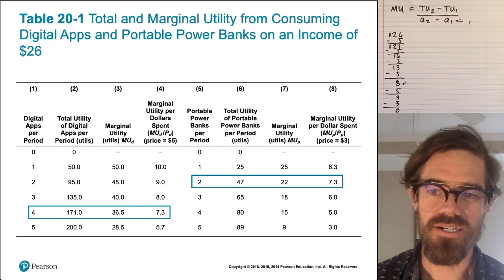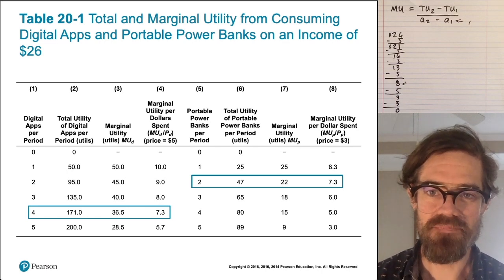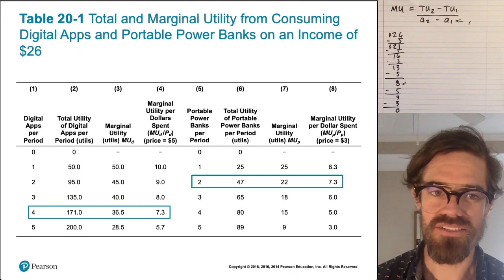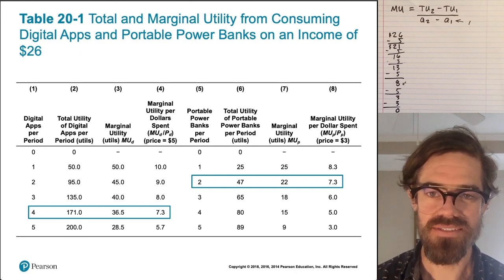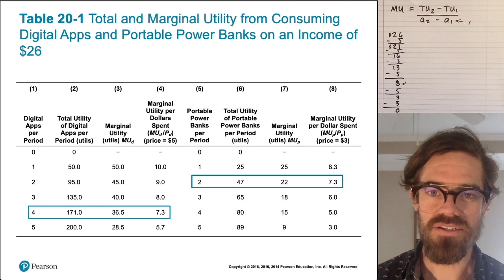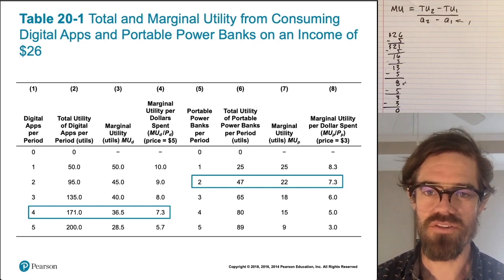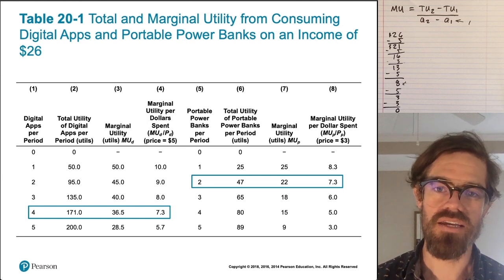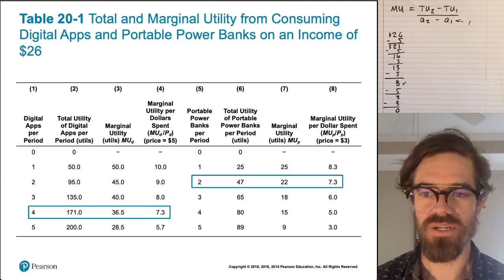Now, I should point out here, nobody does this. Nobody does this in real life when they're making a choice, right? So I will remind you that what we do in economics is we build models, right? So although when you go to the store and you decide what to buy, you're not doing this in your head.